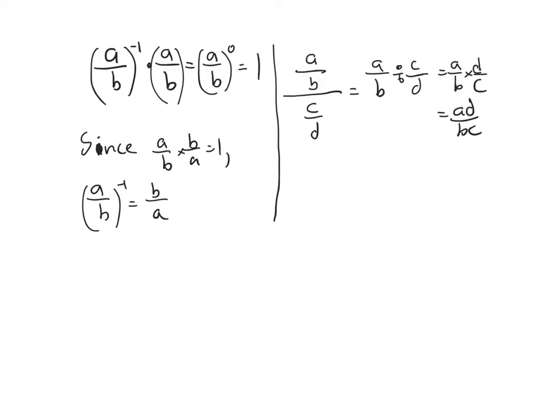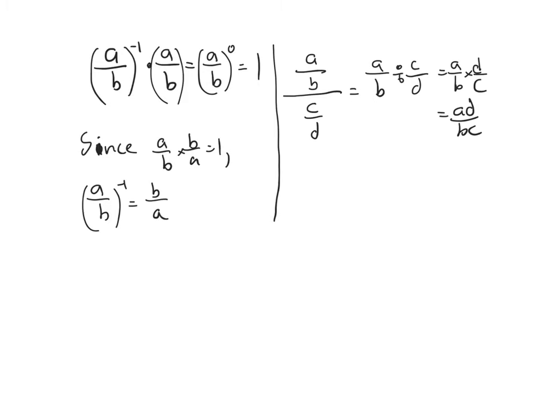Another exponent rule I want to talk to you guys about is if we have negative exponents of fractions. So in this case, we have a over b to the negative 1. Well, if we multiply a over b to the negative 1 by a over b to the 1, we'd like that to be a over b to the 0, and anything to the 0 we say is 1.